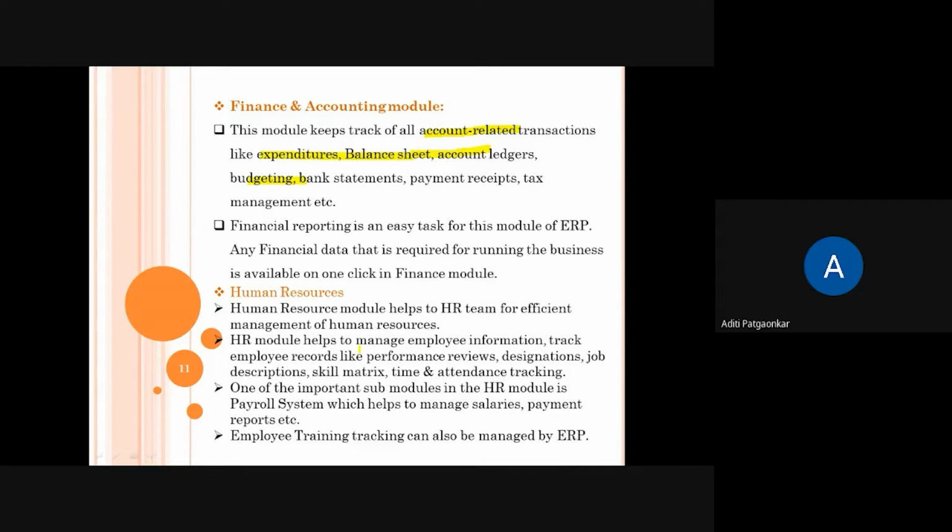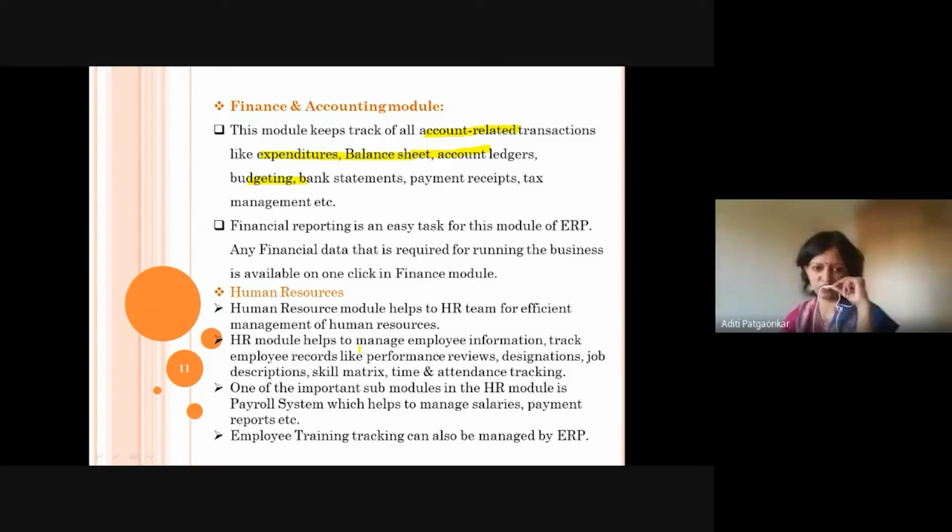They are to manage employee information, tracking of employees' records, performances, their designation, job description, their skills, attendance tracking, and even their salary payment report, that is the payroll system. Including even employee training, all these activities and the data of HR at different levels are maintained by this HR module of ERP.